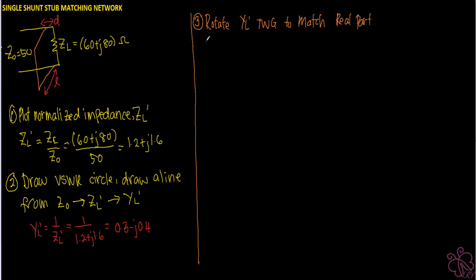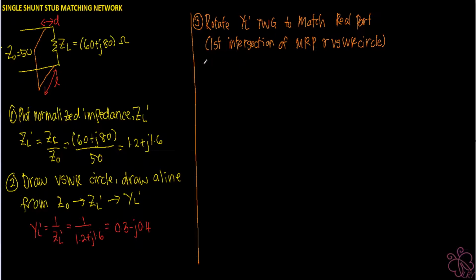So we take the first intersection of the matched real part and the VSWR circle.